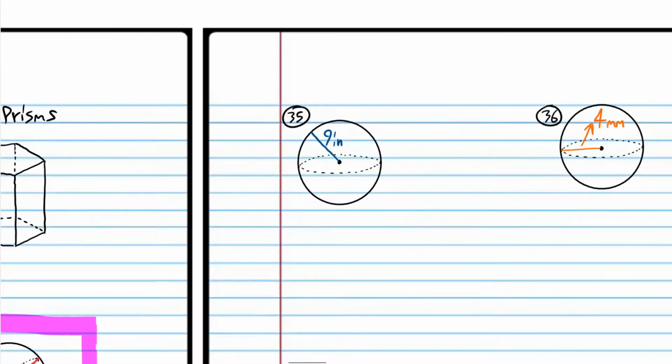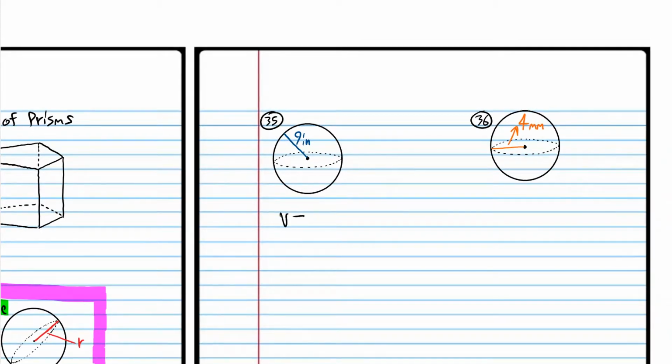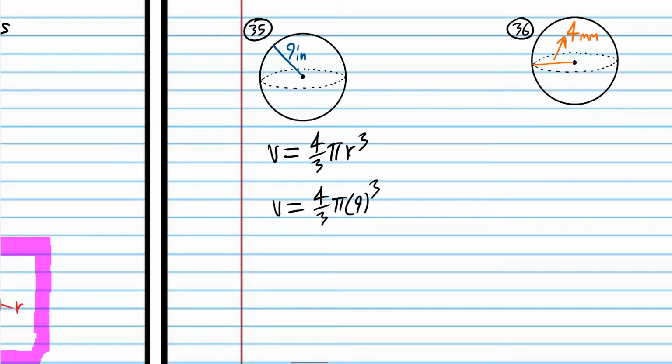All right, we're back. Volume is equal to 4/3 pi r cubed. That's the volume of a sphere. So we'll just plug in the radius. So in your calculator, 9 cubed equals 729, then times pi equals, times 4 equals, then divided by 3 equals.